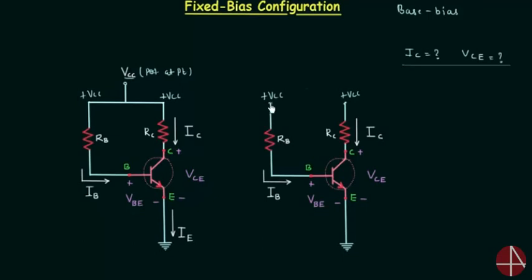VCC is positive, so I will connect the positive plate here. This is ground, and ground has zero potential, so ground will act as the negative terminal.